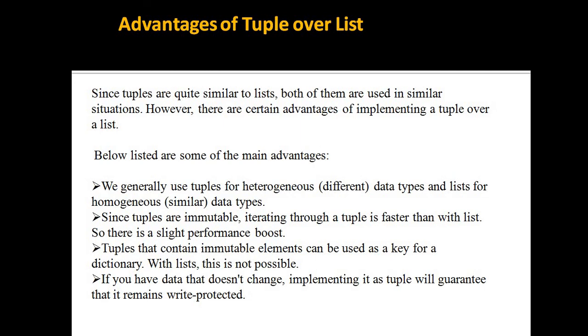Iterating through a tuple is faster than with a list, so there is a slight performance boost. Tuples that contain immutable elements can be used as a key for a dictionary. With a list, this is not possible. If you have data that doesn't change, implementing it as a tuple will guarantee that it remains write-protected. So these are some advantages of tuple over list.